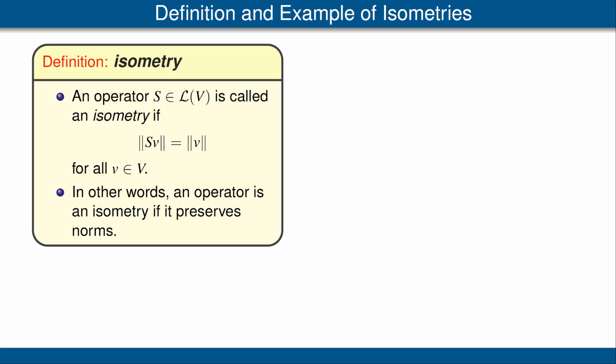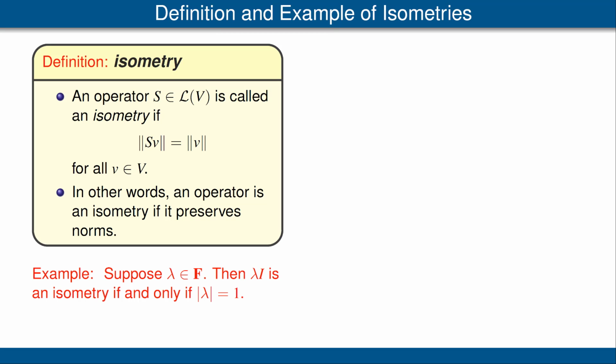To me, it's much cleaner and easier to use just one word, isometry, to denote both cases. The word isometry comes from the Greek isos, meaning equal, and the Greek word metron, meaning measure. Thus, isometry literally means equal measure. That's a good description of the equation, the norm of S of V equals the norm of V.